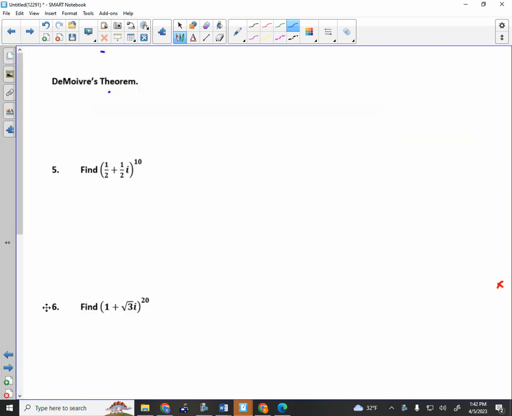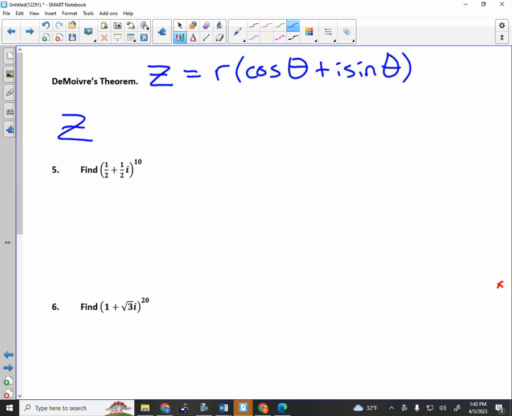But from that, we come up with the mathematician who kind of developed this piece. His name was DeMoivre, and his theorem that he put forth was, well, suppose that we have a complex number z equal to r times the cosine of theta plus I sine of theta. What if we were to take that complex term and raise it to the nth power? Now, we've already laid the foundation for this. We should be able to anticipate what will happen, because if you take z to the nth, you get z times z times z times z times z times z, n number of times.